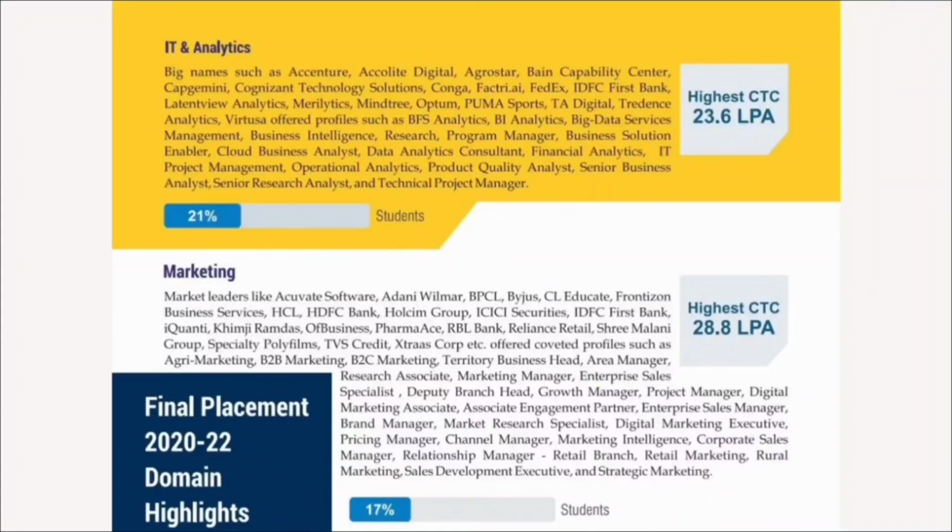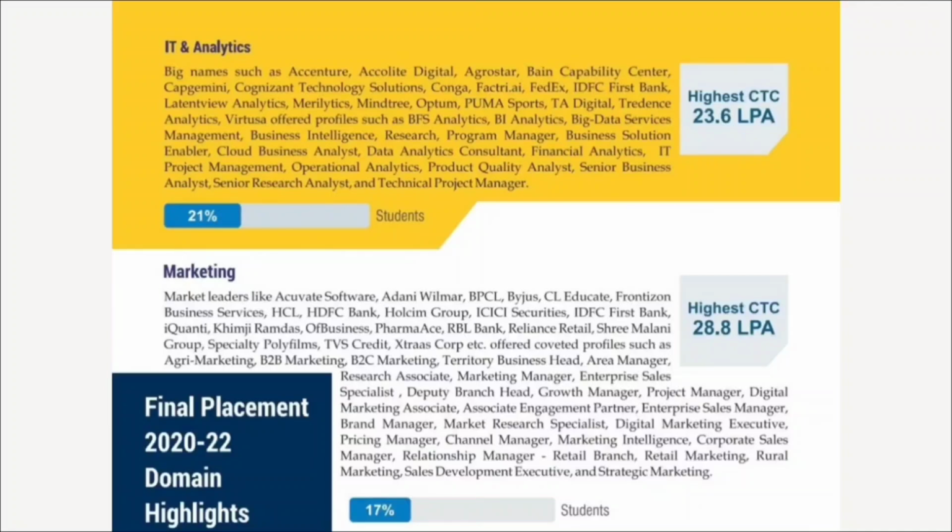Then if we consider the overall domain-wise placements, for IT and analytics, 21% placements were made from this sector, and the highest CTC offered is nearly up to 23.6 lakhs per annum. The top recruiters for IT and analytics are Accenture, Acolyte Digital, Agrostar, Bain Capability Center, Capgemini, Cognizant Technology Solutions, IDFC First Bank, Mindtree, Optum, Puma Sports, and there are so many companies.